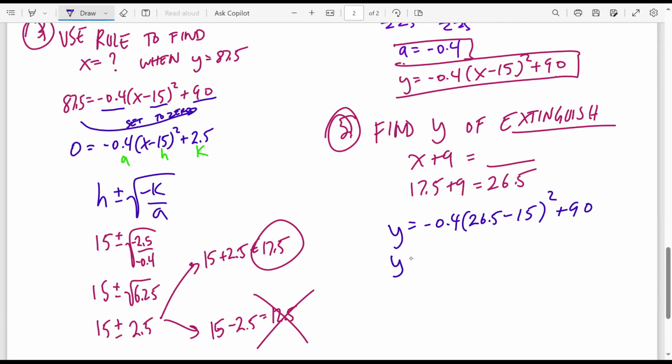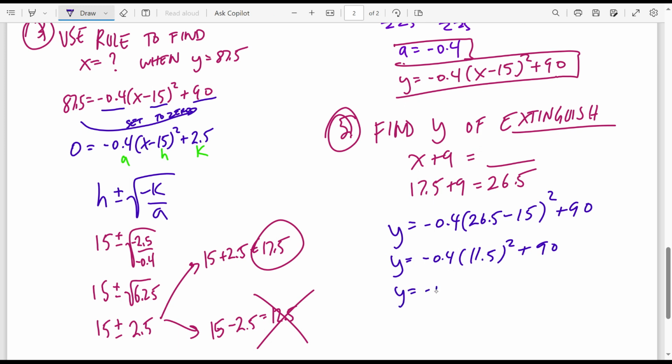And now we just basically do our order of operations here. So I'm going to go negative 0.4 times 11.5 squared plus 90. Do my multiplication.